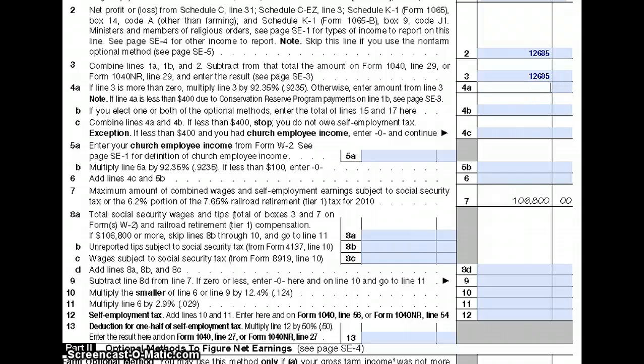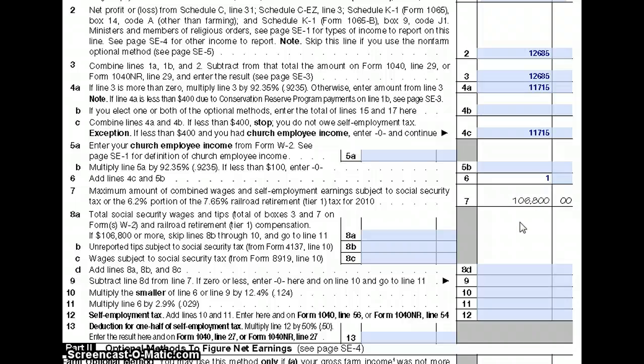We again multiply our $12,685 times 0.9235, giving us $11,715, which is going to be subject to our tax. So we fill in the blanks to get down to our line 6 of $11,715.